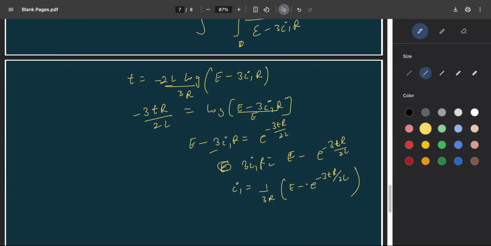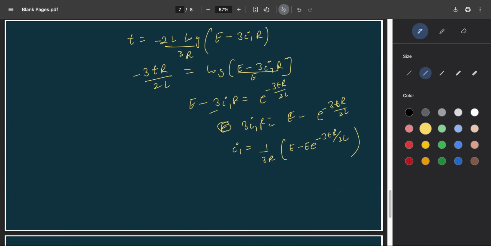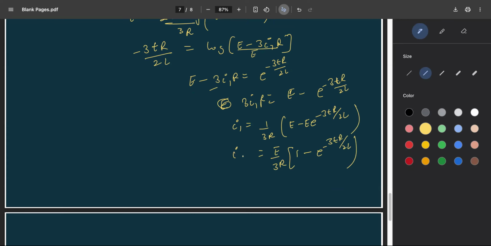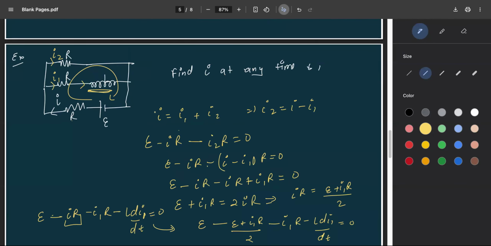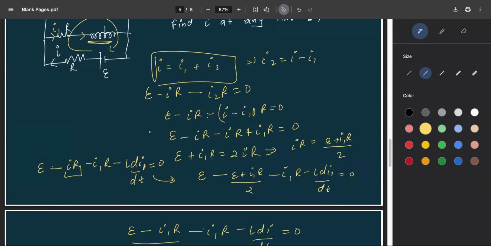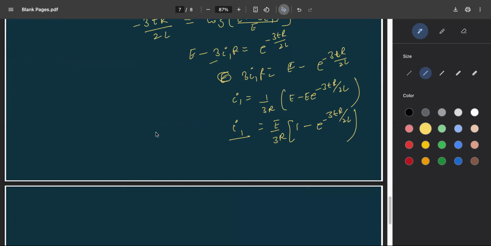So this will result in E here, and this will be X. So it becomes E by 3R, E minus, sorry, E already common, so you are left with this equation. So Kirtana, you see you have got an equation of I1. So you have both of the equations to calculate. Can you calculate the rest of the things?